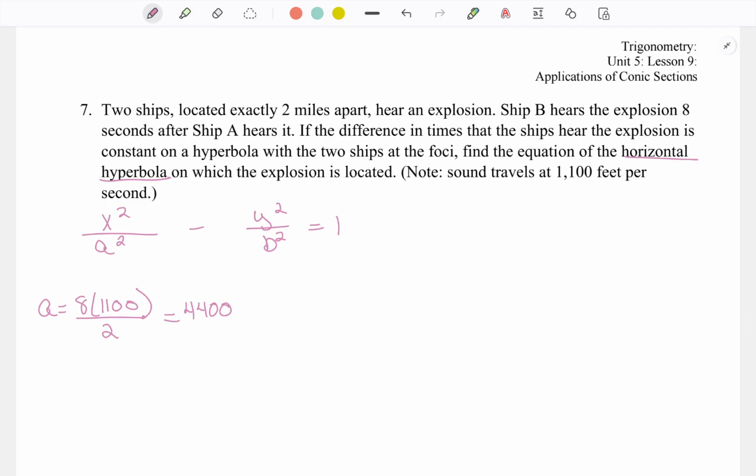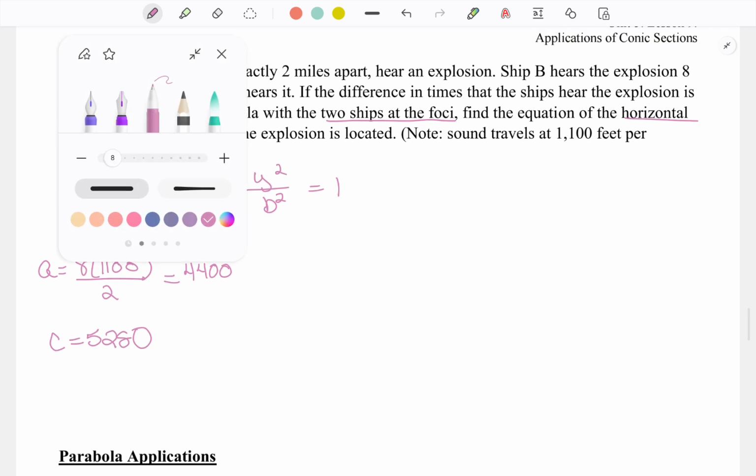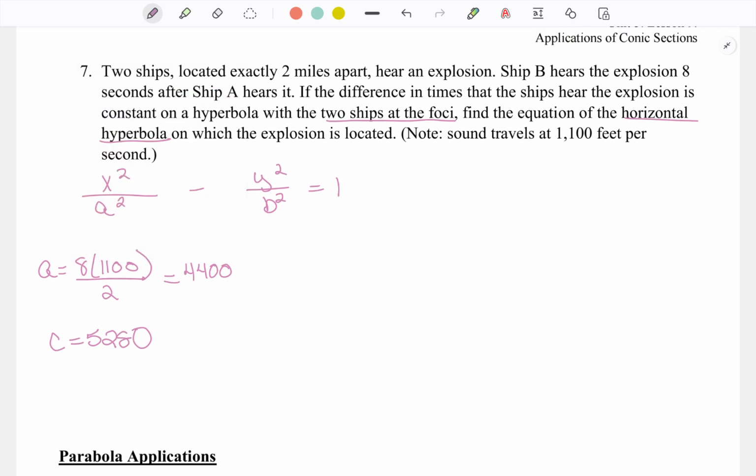Now, since we know that the ships are 2 miles apart and they are located on the foci, then we know that C has to be 5,280 because that's a mile in feet. So this does give us enough information to find B because we can use Pythagorean theorem. So we will have 5,280 squared equals 4,400 squared plus b squared.